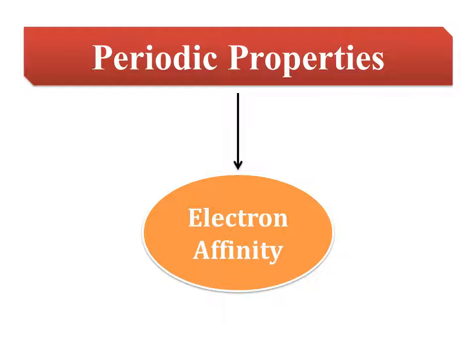Now, with this electron affinity, I always say that we need to go by the term itself. So obviously a very simple, logical question will arise: what is electron affinity? We have come across once again a new term, a new parameter. Then definitely the first question will come up: what is electron affinity? We need to understand that first.